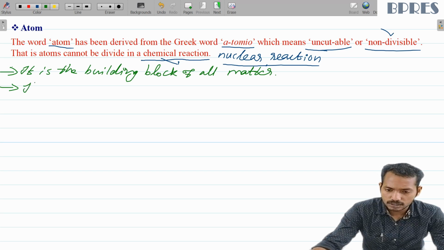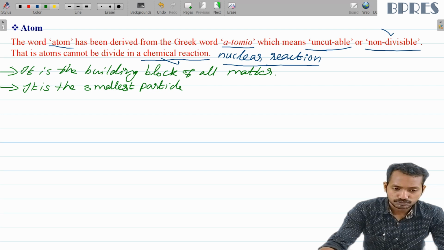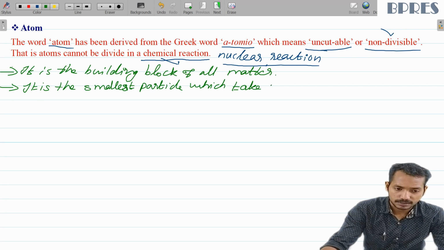And it is the smallest particle which takes part in chemical reaction.